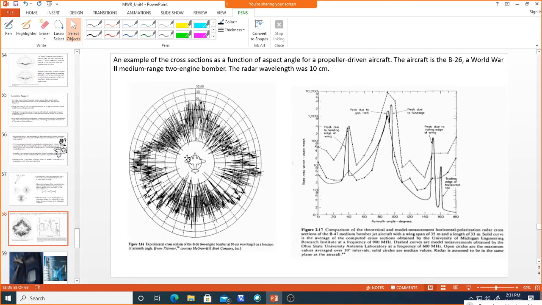So now we can see a simple aircraft which is placed on a turntable. If you want to measure the RCS, you place the target on a table and you can incident the energy, and we can estimate the RCS.